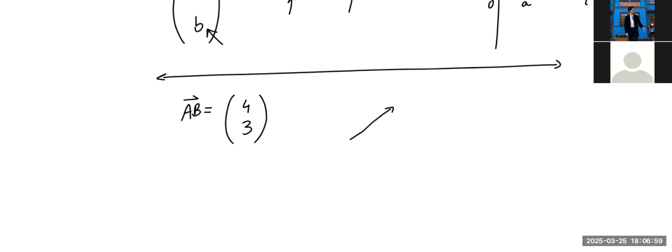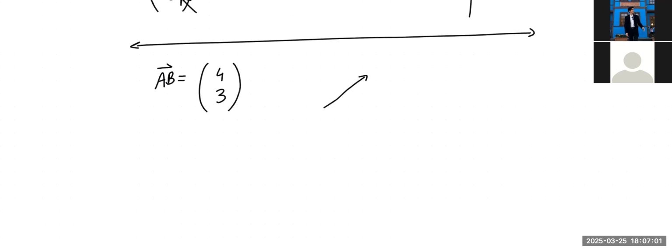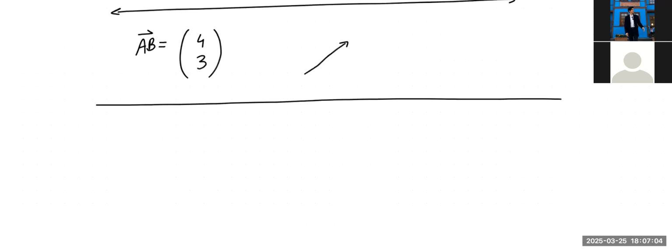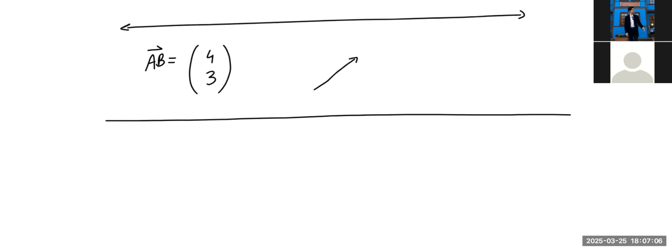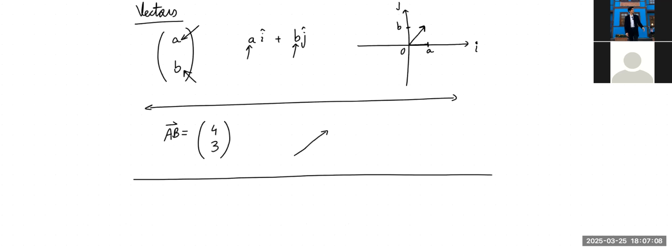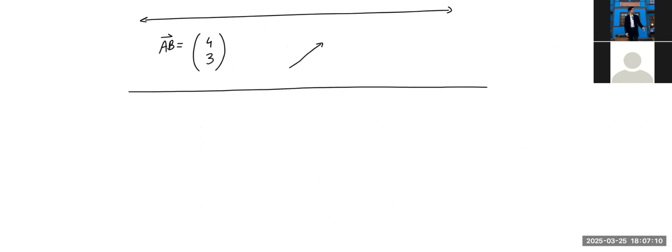Again, just to specify, you can also define a vector in 3D by just adding another component to AB or AI plus BJ. So for example, a 3D vector would look like this: A, B, C. C is the third direction, because now you're talking about three directions.